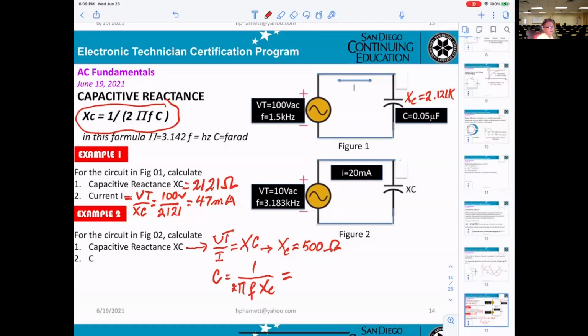Okay, so who can get the answer? Let me know. 3.183... 0.1 microfarad. Did anybody get that?